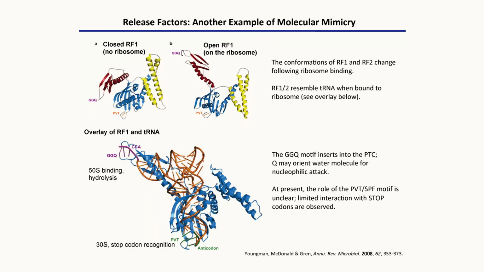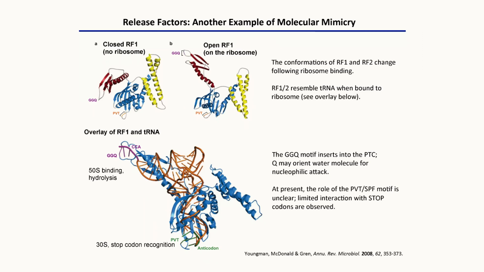And it was a little difficult to reconcile this structure with function immediately. And then in later work, RF1 was crystallized bound to the ribosome. And that structure is shown here. And so if we compare the left to the right, or what's described as the closed to the open version of RF1, what we see is that there's a pretty substantial change in conformation when we're looking at RF1 on the ribosome.